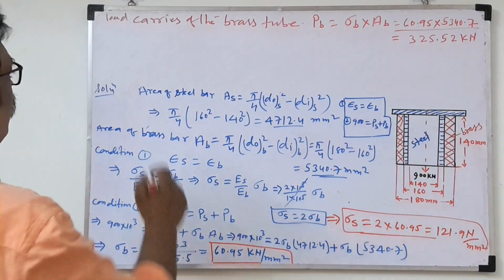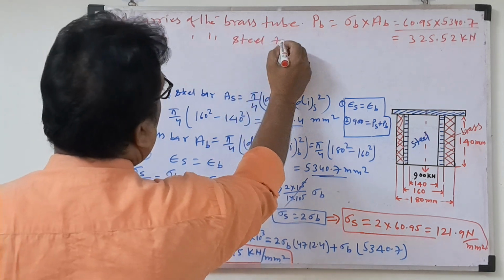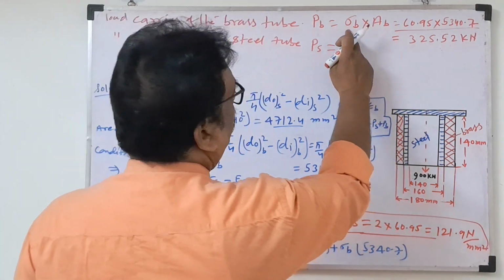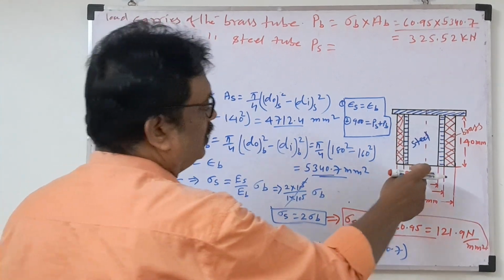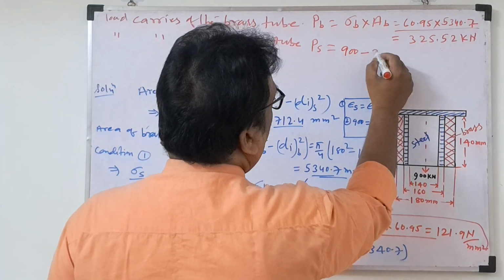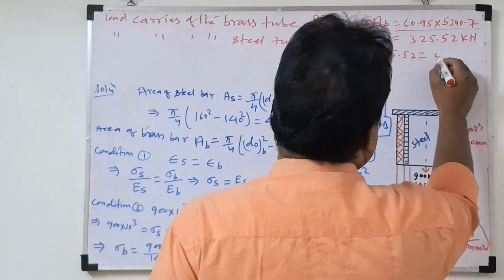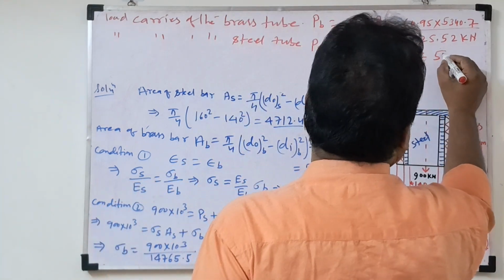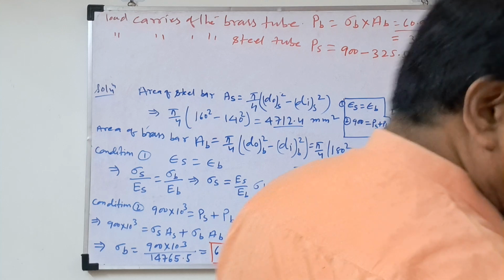Now the load carried by the steel tube, P_S. You can calculate it as stress of the steel into area of the steel. Another method: the total load carried is 900 kilonewton, minus 325.52 kilonewton, which comes to 485 kilonewton.